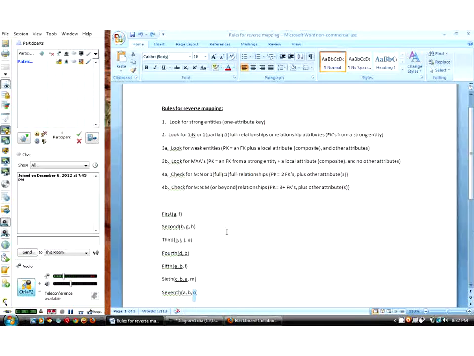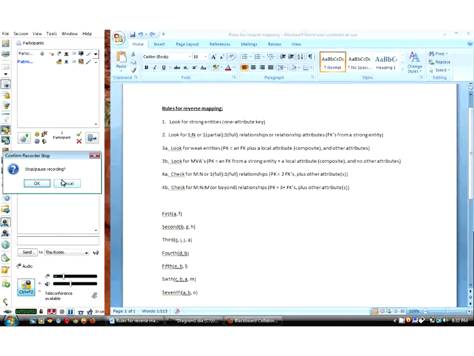Or we could have grade on a student course relationship, right? Because a student gets a grade in a course, you know, a student has a room in a building, okay? So what we'll do is we'll go ahead and make a new M-to-N relationship between first and second, and we'll stick O on that relationship. So let's go ahead and jump over to dia and see what that looks like.